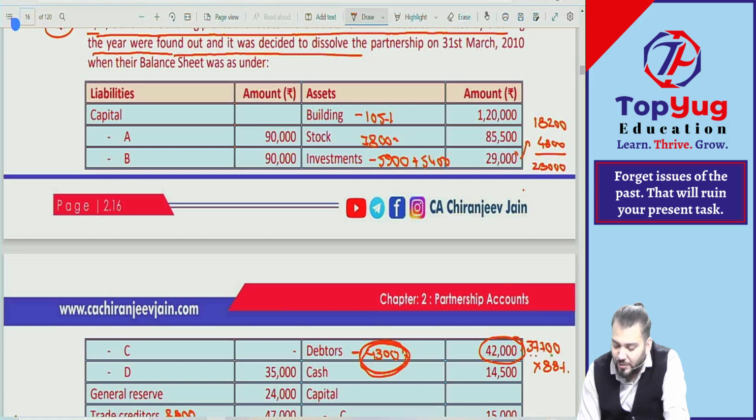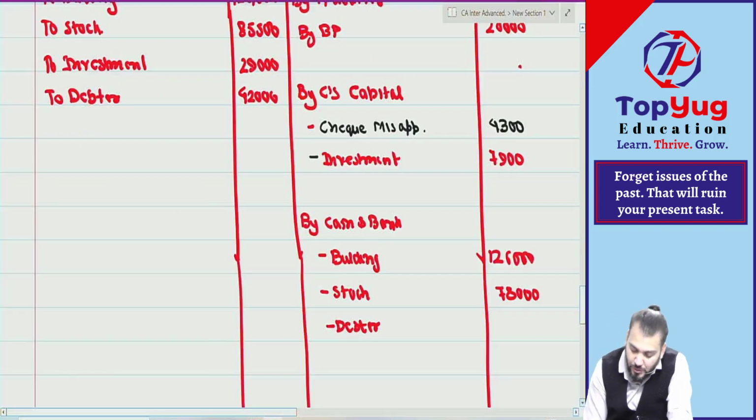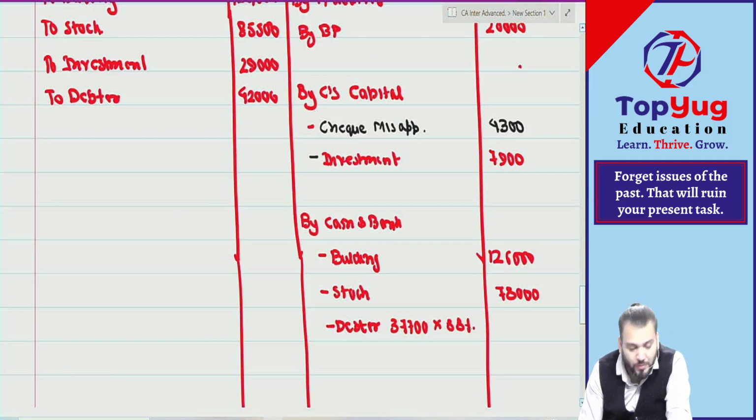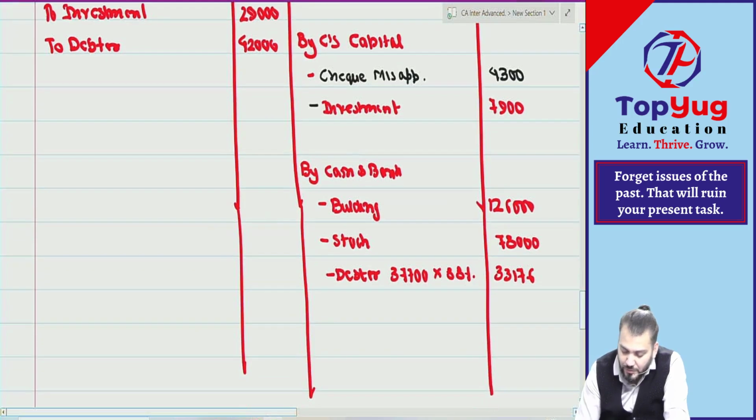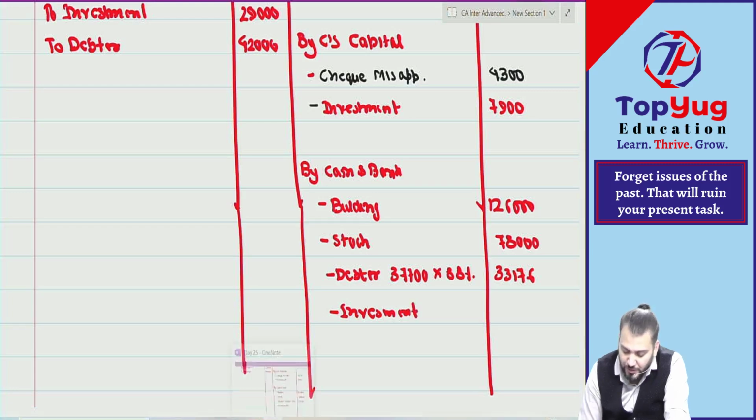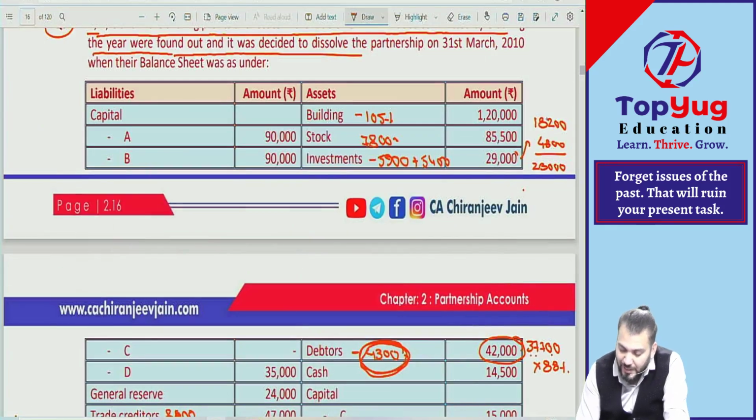Balance is 37,700 into what? So we'll do 37,700 into 88%. How much? 33,176, correct. Then investment, so they have said balance investment. So balance investment was how much? We have done 18,200, means 29,000 minus this will be 18,200, will add profit, correct.